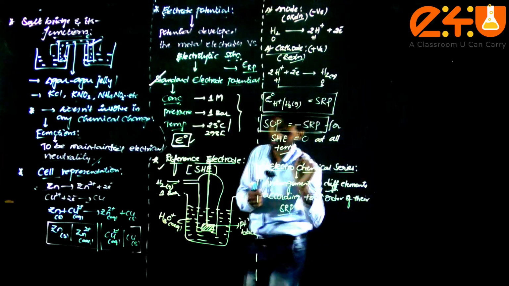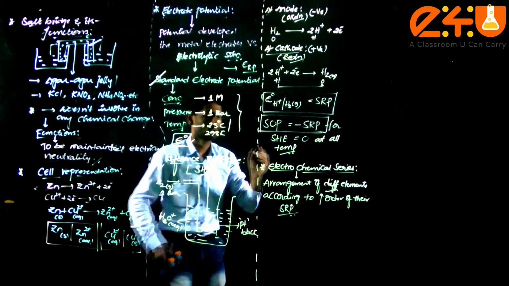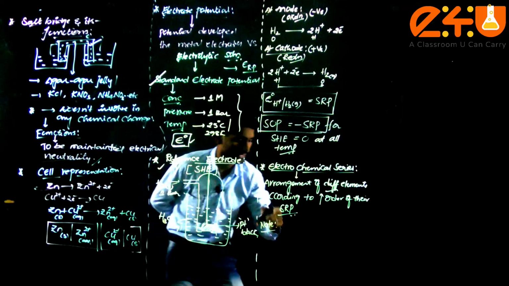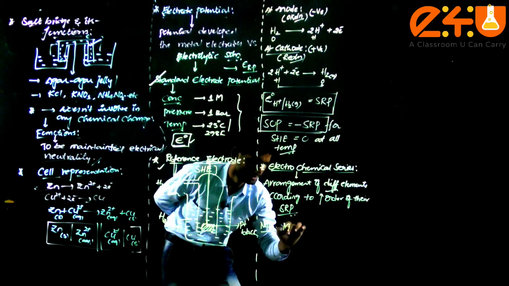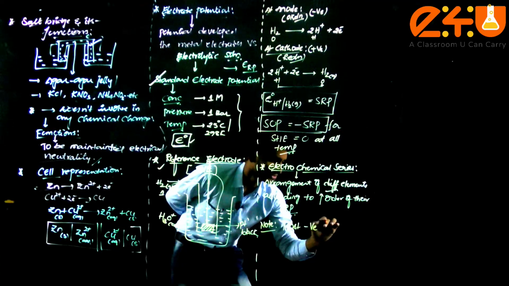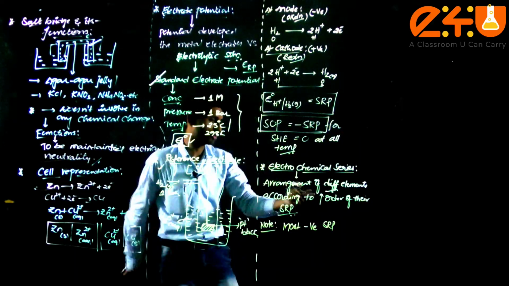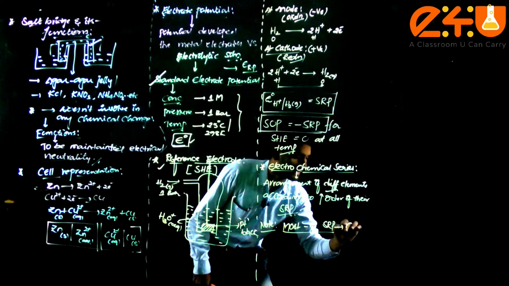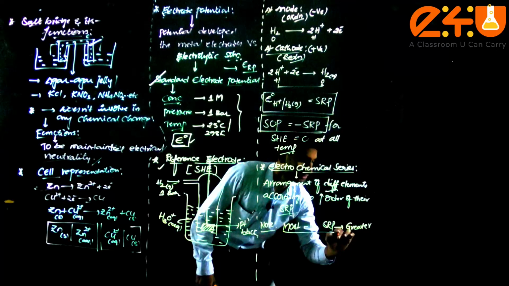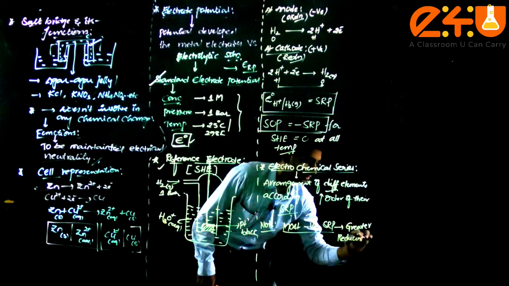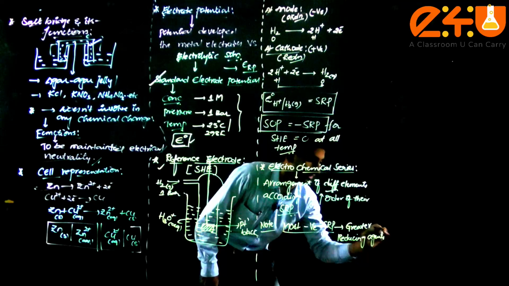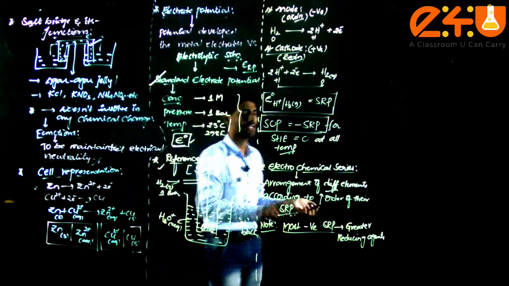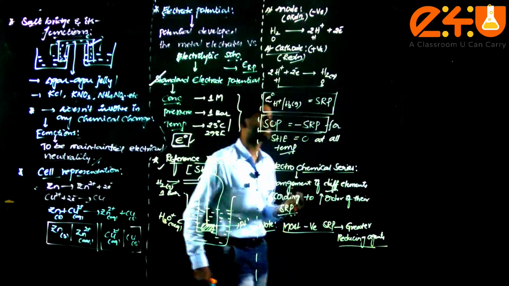Note the small point we have to remember: the most negative standard reduction potential, the most negative E naught value, belongs to the greater or strong reducing agents. Please don't forget, dear students: when the standard electrode potential value is most negative, that element is the strong reducing agent.